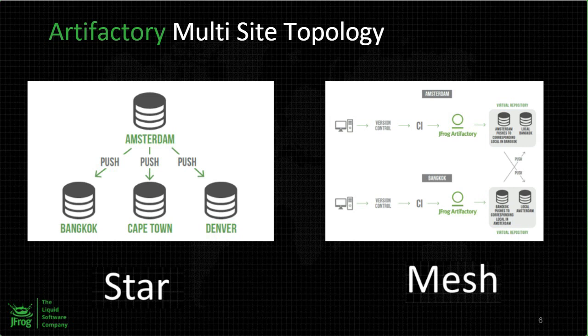Whereas with full mesh, because I'm doing development and writing out artifacts in multiple Artifactory locations, I have multiple different development sites, which might have some overlap but are possibly independent of each other. Those are the situations where full mesh would make more sense, which is decoupled from the type of replication that I might set up. Because I could do a star topology with pull replication rather than push, and then the same thing applies again to mesh.